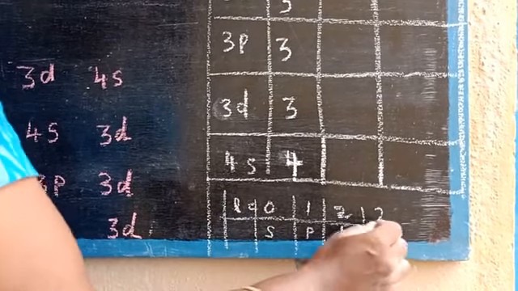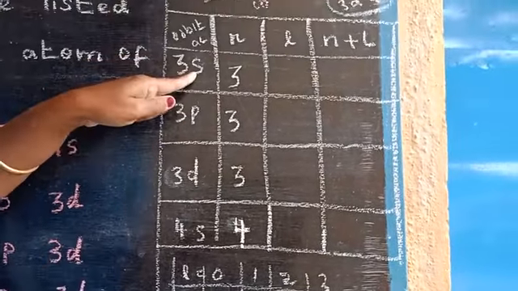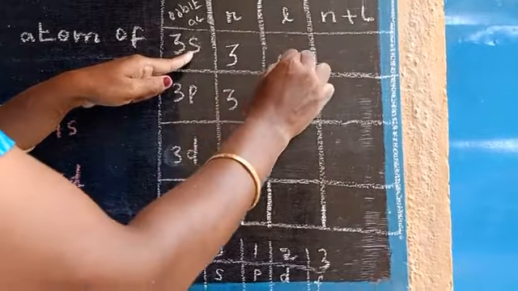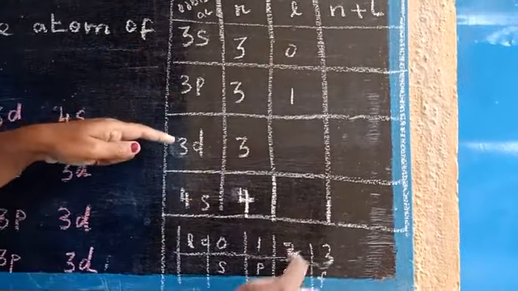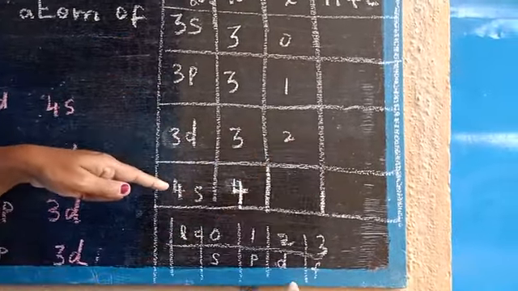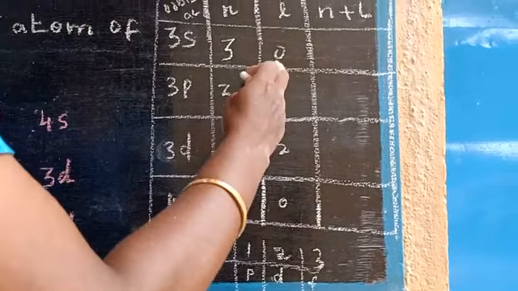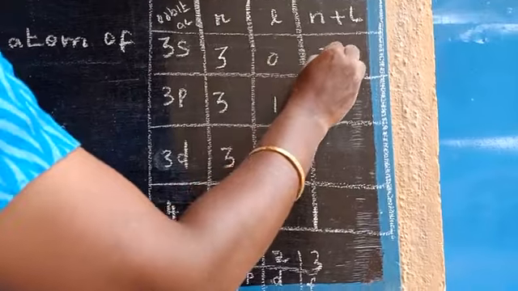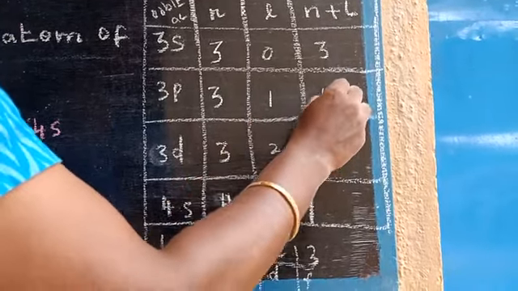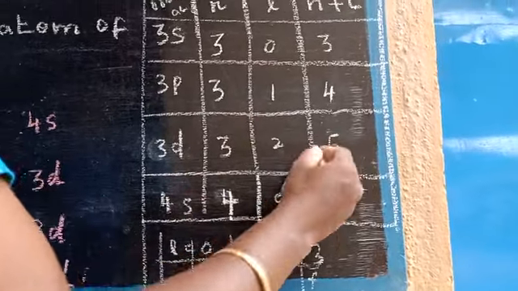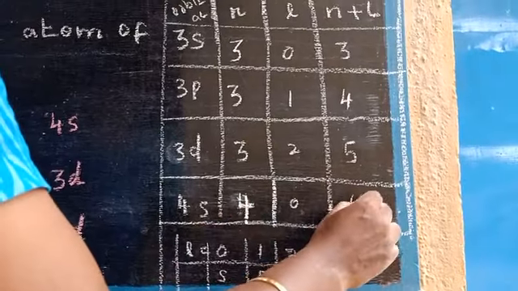So s orbital is 0, p orbital 1, d orbital 2. Now add: 3 plus 0, 3. 3 plus 1, 4. 3 plus 2, 5. Next 4 plus 0, 4.